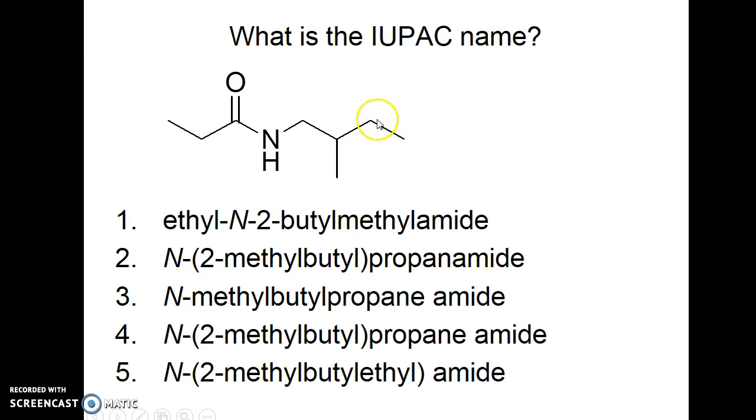And then we look at this and we say, well, how do we name this? We name that as an alkyl group. What is it? 1, 2, 3, 4 butyl group. And it's on the N, so N, and then it's butyl, but on the number 2 carbon you have a methyl. So N-(2-methylbutyl)propanamide. This is the correct name.